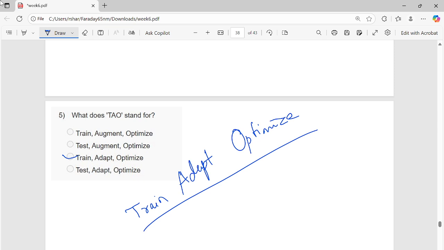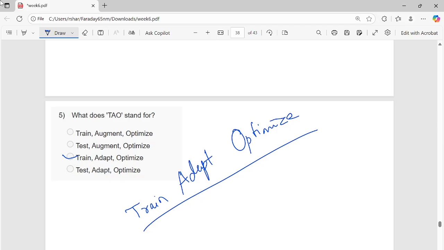This is a common framework used in machine learning and in NVIDIA's TAO toolkit. For train, we start with a pre-trained model and train it on a new dataset. Adapt is fine-tuning, or adapting the model to a specific task or domain from transfer learning.